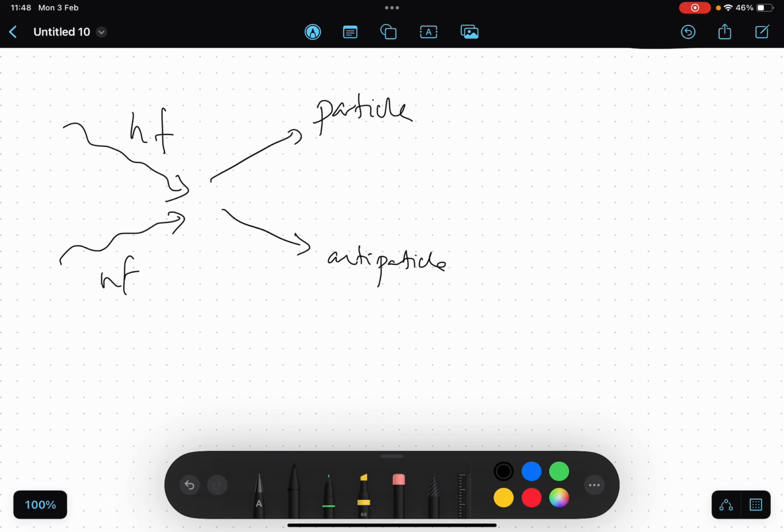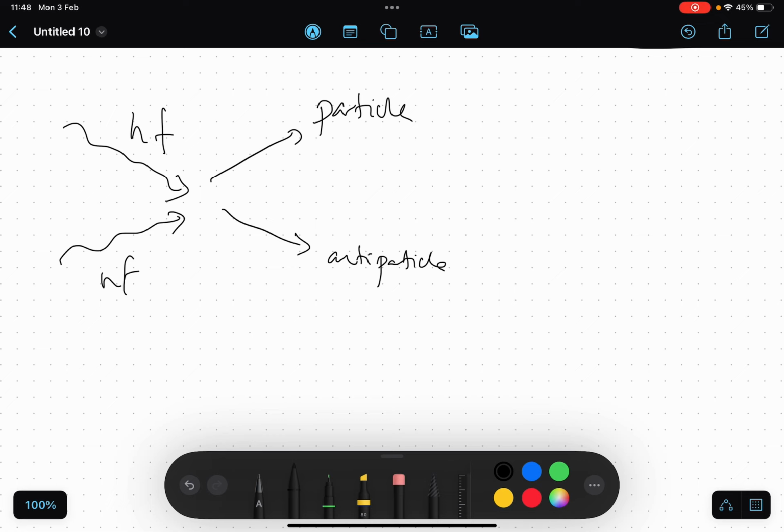But in practice, it never happens. The reason for that is how do you get two photons arriving at the same place in time? That's an extremely unlikely event to happen. So while in theory it is possible to get multiple photons producing a particle-antiparticle pair, it's exceedingly unlikely.